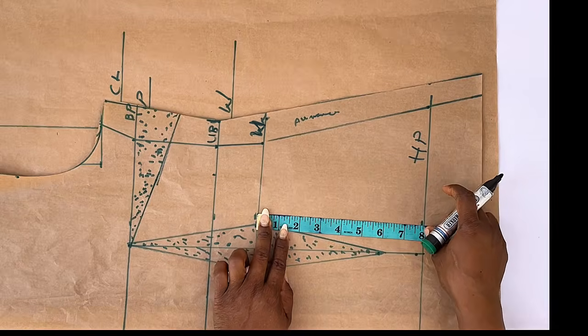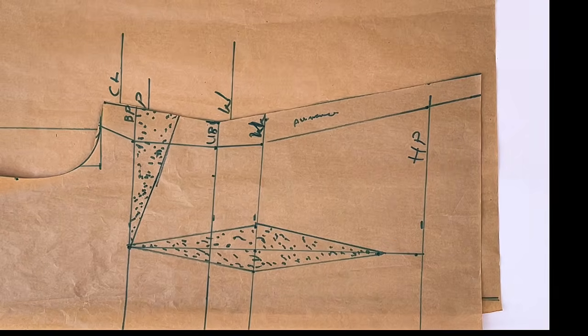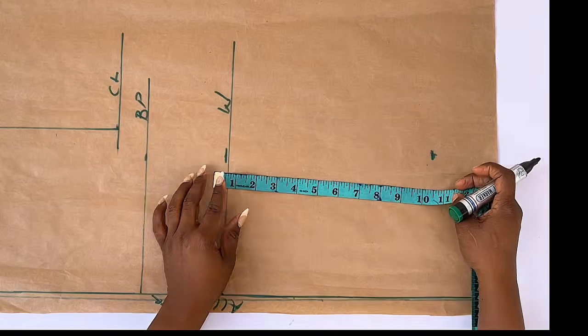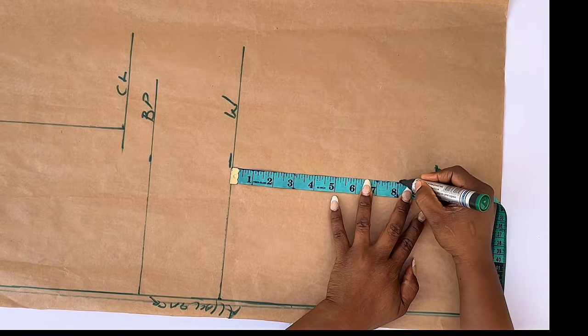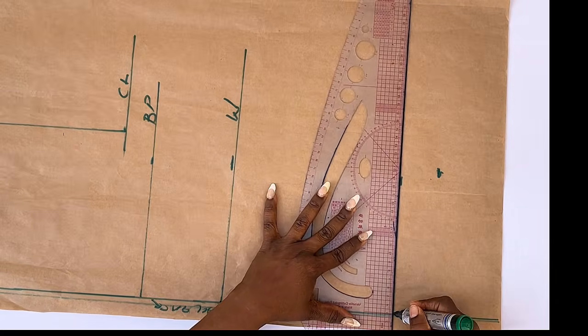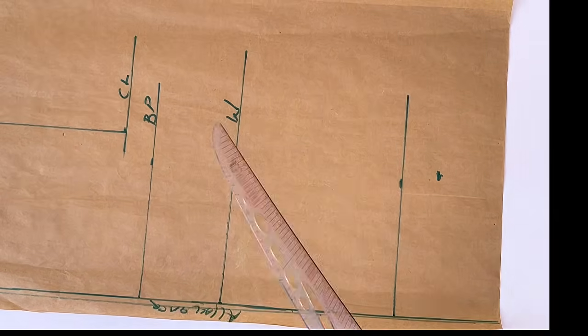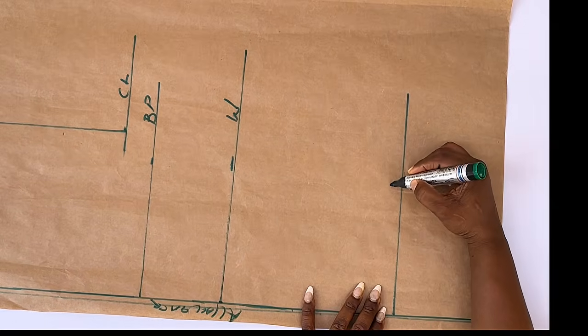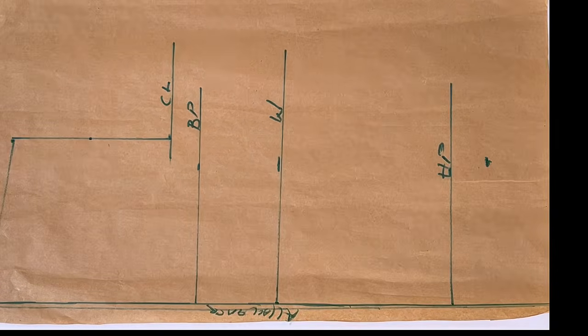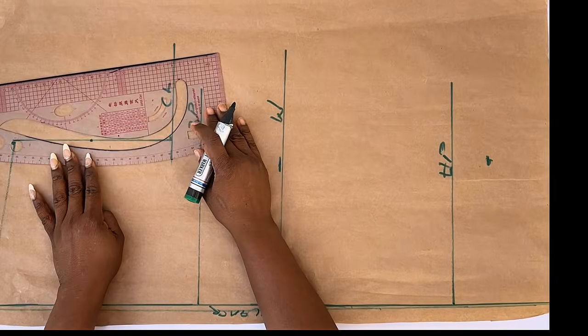Those are the same measurements that we are going to use on the back. So we have 8 inches from the waist to the hip. That is the same thing that we are going to do over there. We take it down by 8, and that is going to be our hip measurement. We're equally going to label it as a hip like we did to the other point.